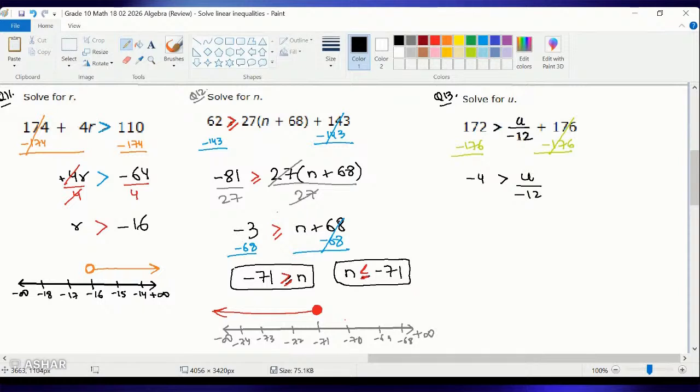Can I write this same information as minus 4 is greater than minus 1 upon 12 times u, right? They both are the same thing. That means the coefficient of u is negative, maybe in the numerator or the denominator, but it is negative. Agreed?